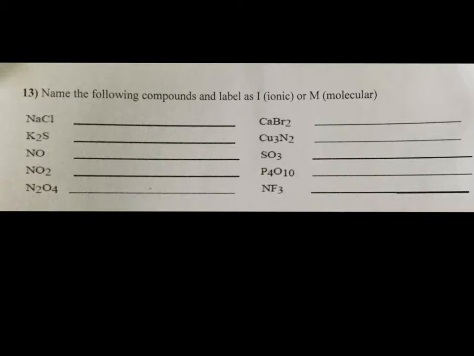So let's go ahead and start with labeling, because that's what we just did. So we're going to look at this first one. With ionic, you want to start thinking metal, nonmetal. Molecular, you're looking at nonmetal, nonmetal. So for this first one, we have sodium chloride.